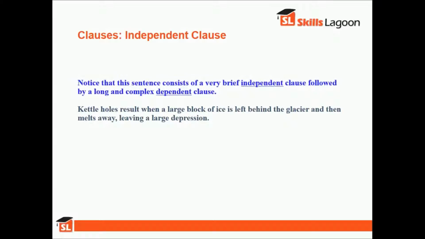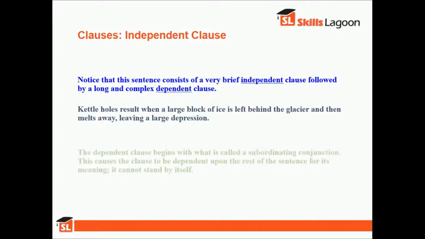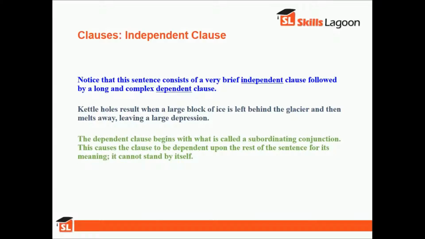And what follows is a very complex, or at least a medium complexity, dependent clause starting from when, and that is why the when is a subordinating conjunction, because it introduces a dependent clause, or in other words a subordinate clause. So when a large block of ice is left behind the glacier and then melts away, leaving a large depression, is a dependent clause which depends on the independent clause Kettle-Holz result.